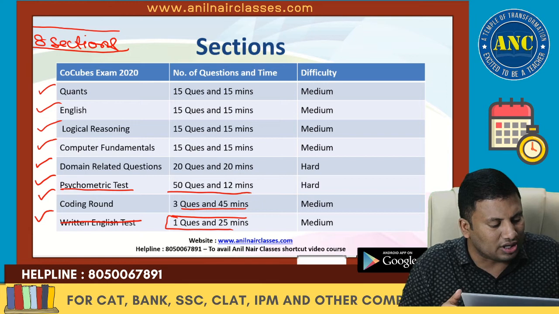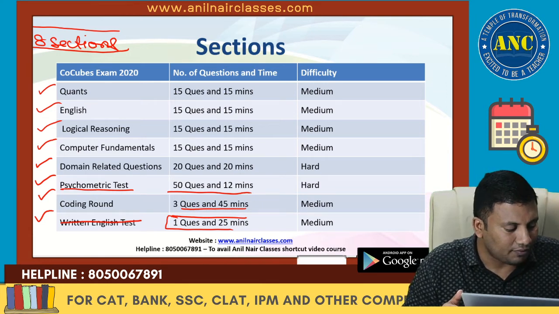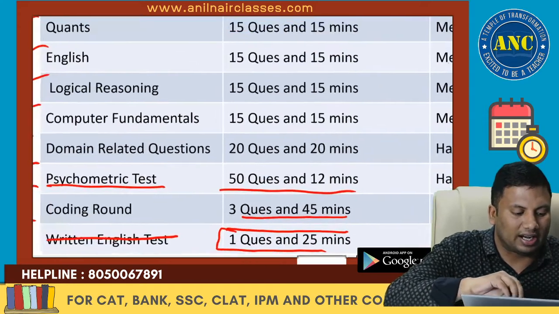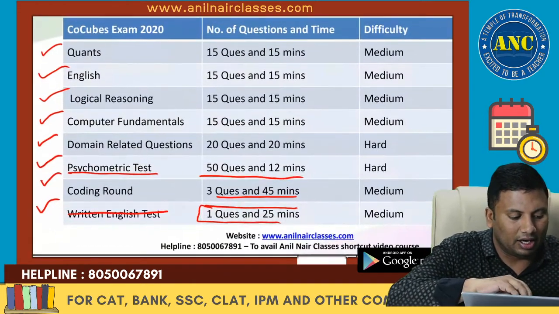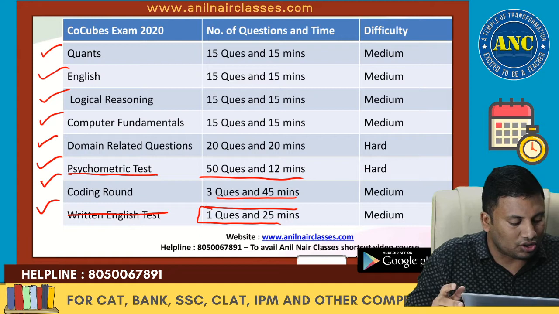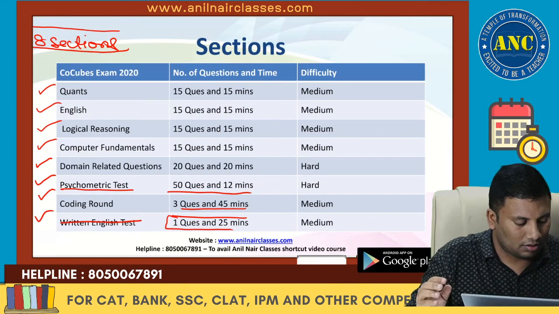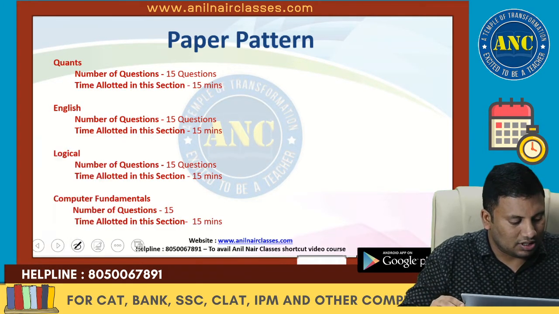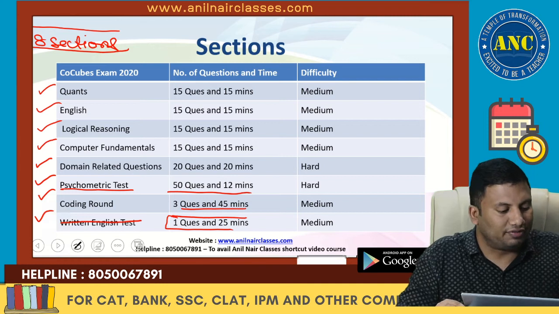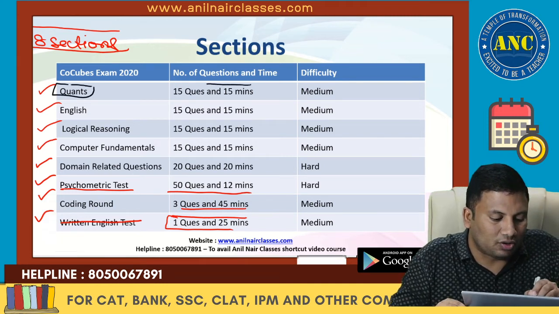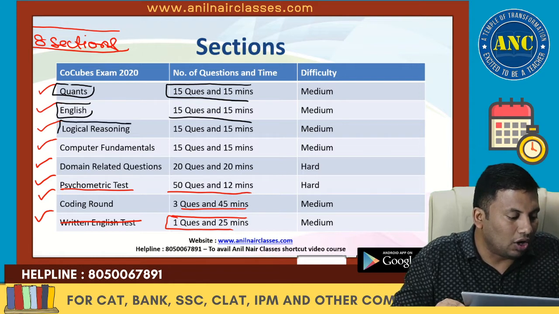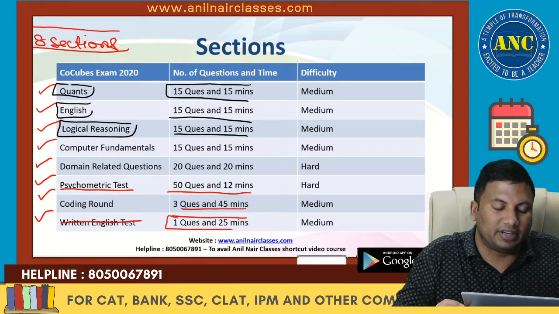And for almost all the remaining first five, whether it is quantitative ability, logical reasoning or verbal ability, it is one question, 1 minute time. Just 1 minute. If you see quantitative ability, 15 questions 15 minutes, verbal ability 15 questions 15 minutes, logical reasoning 15 questions 15 minutes.